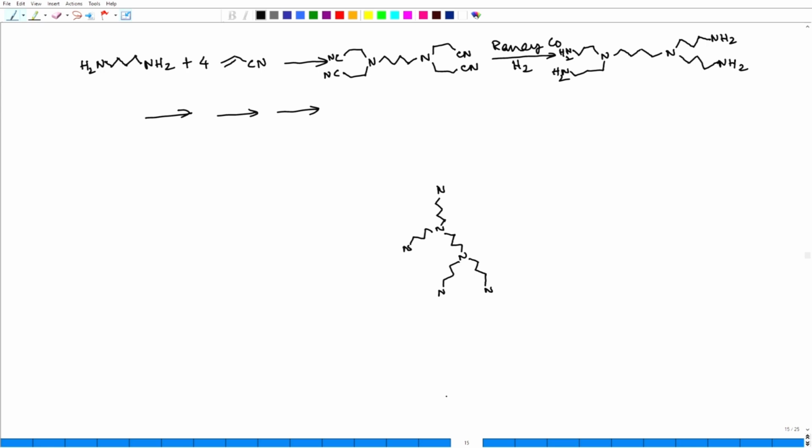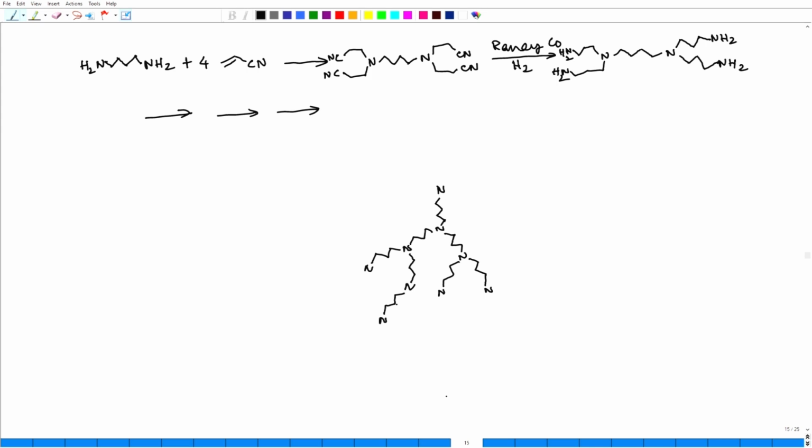Then I will have 1, 2, 3 nitrogen. Then you will have 1, 2, 3 nitrogen. Okay. Then what will I have? I will have 1, 2, 3 nitrogen.